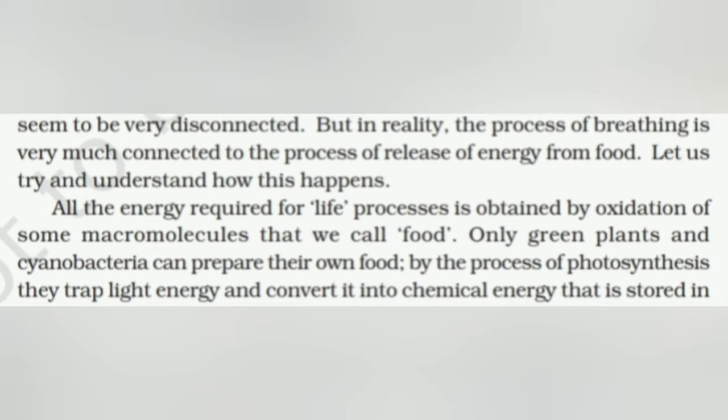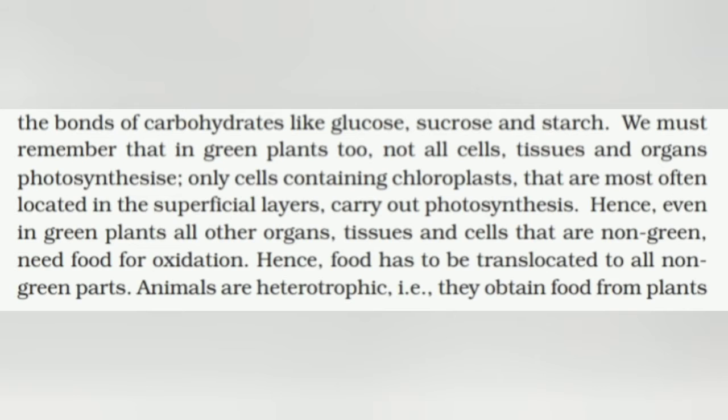Let us try and understand how this happens. All the energy required for life processes is obtained by oxidation of some macromolecules that we call food. Only green plants and cyanobacteria can prepare their own food by the process called photosynthesis. They trap light energy and convert it into chemical energy that is stored in the bonds of carbohydrates like glucose, sucrose, and starch.